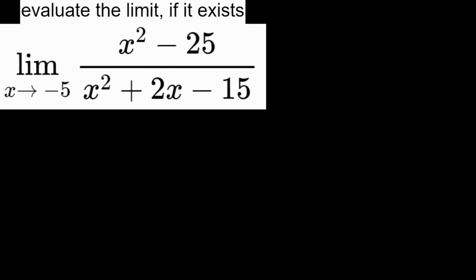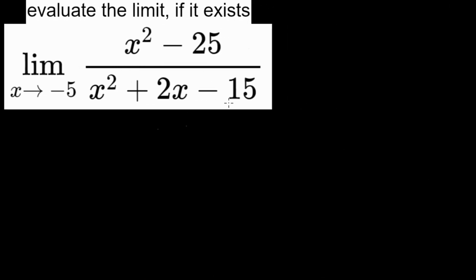And with limits, the first thing that we can always try is just plugging in the number, since sometimes limits are very straightforward, though often they can be quite challenging. So if we plug in -5, we're just setting x equal to -5 here, then we would get -5 squared, which is 25, minus 25.